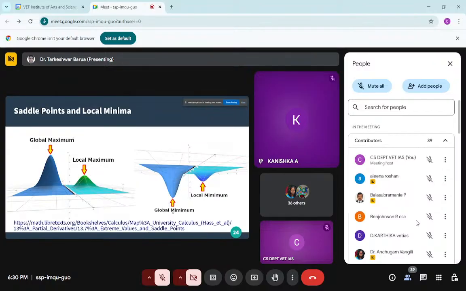In layman's language, you can say this is the smallest one and this is the biggest one.